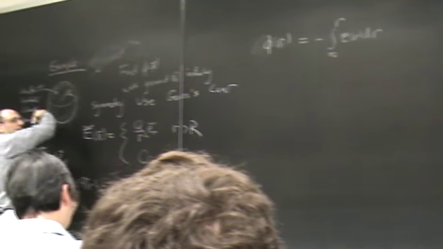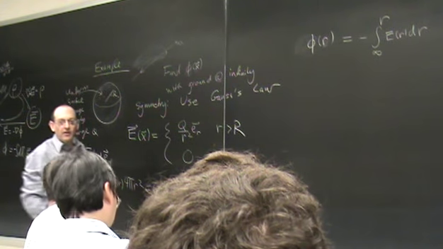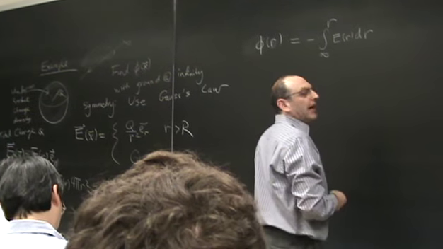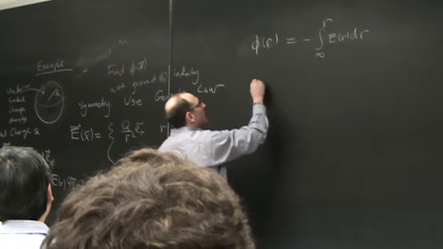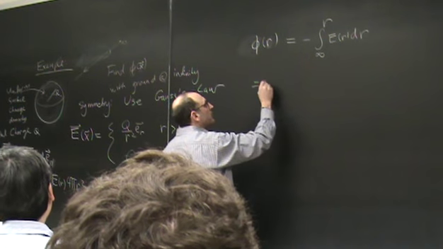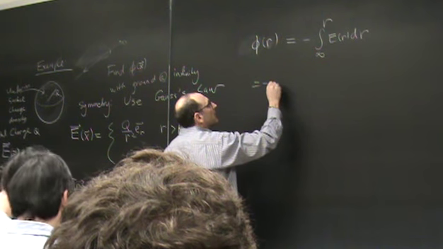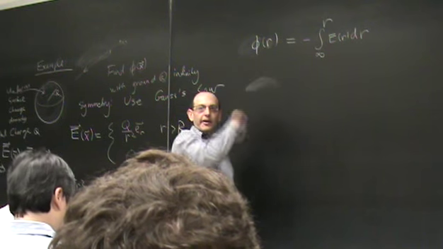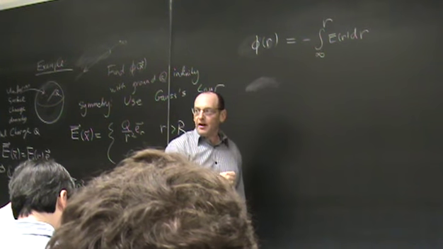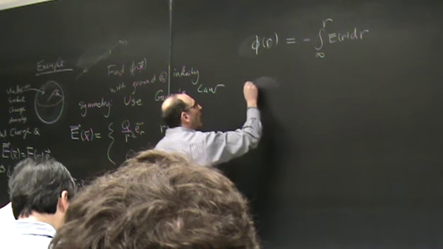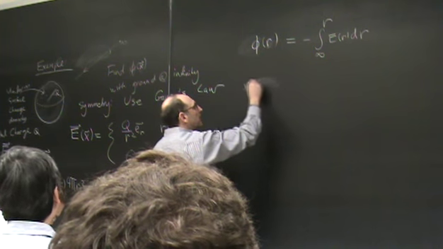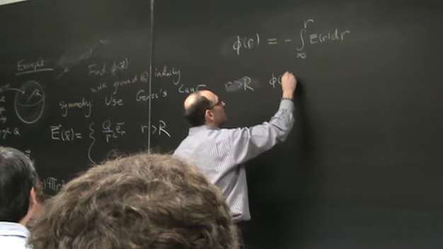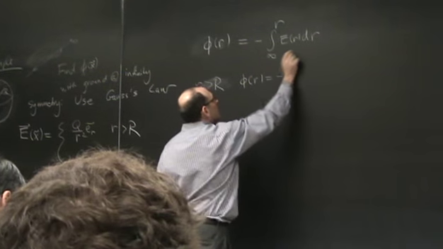And then we're coming in to whatever radius r along the radial line segment. So that's equal to, well, it depends whether my r is inside or outside this shell. If r is bigger than the radius of the sphere, the electric field is the point charge electric field.